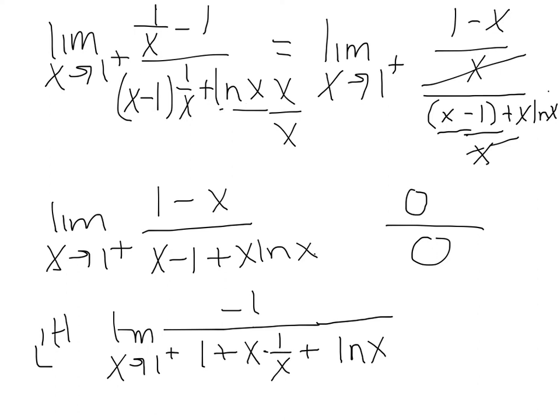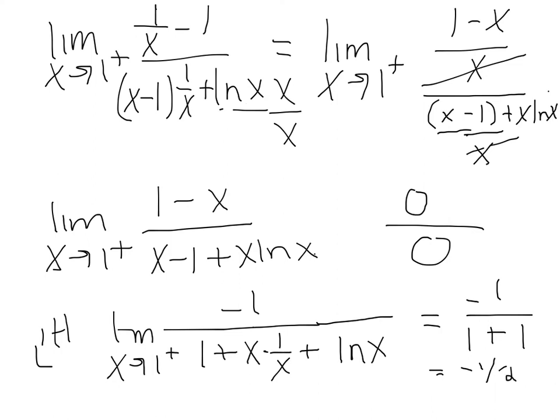Okay, and we see here we would get, if we now use direct substitution, -1 over 1 times 1 over 1, so 1, plus the natural log of 1 is 0. So here our final answer is -1/2.